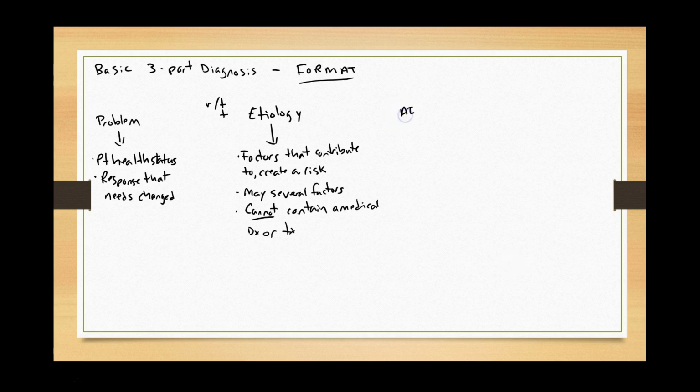And then you have your next connecting statement, "as evidenced by," or AEB. And this is your signs and symptoms that support what's going on that's influencing it and what clues you off to this problem. So this all comes out of your physical assessment and your social assessment of the patient.